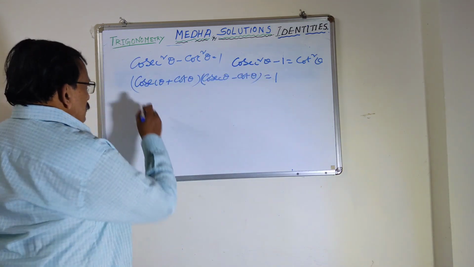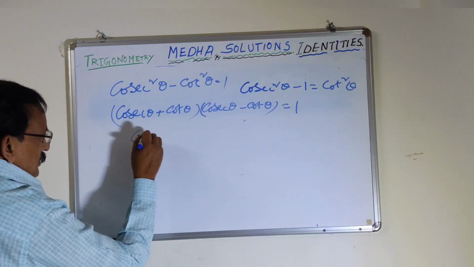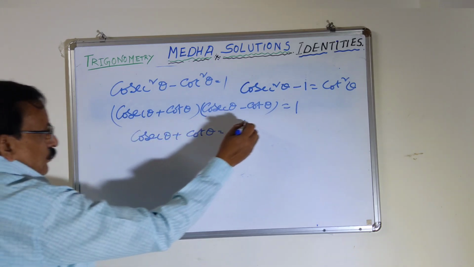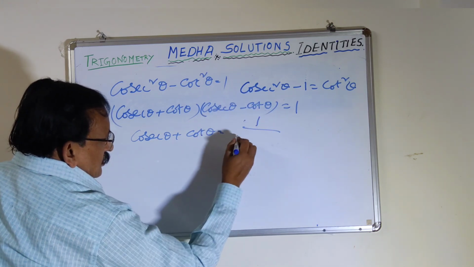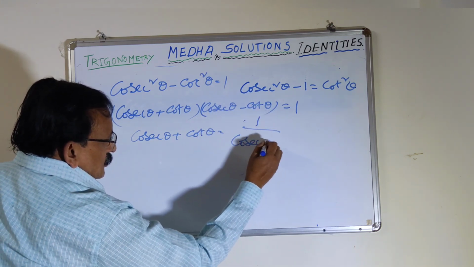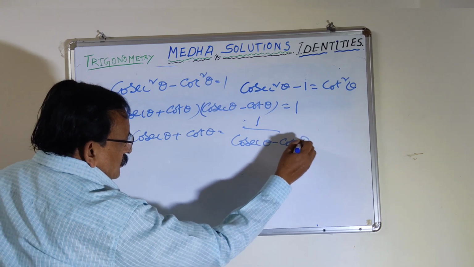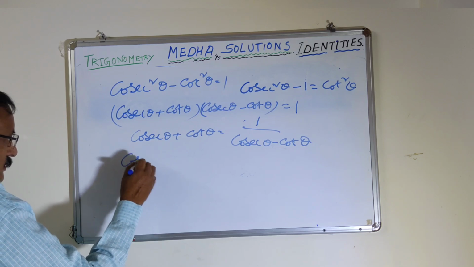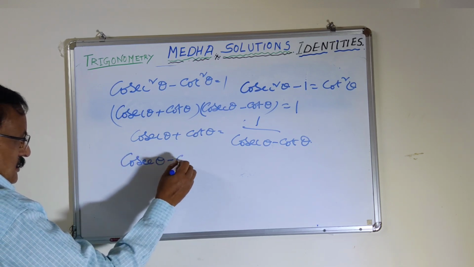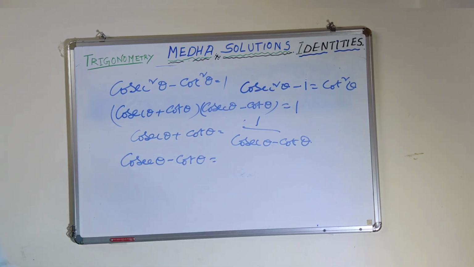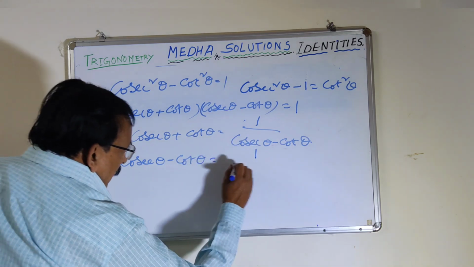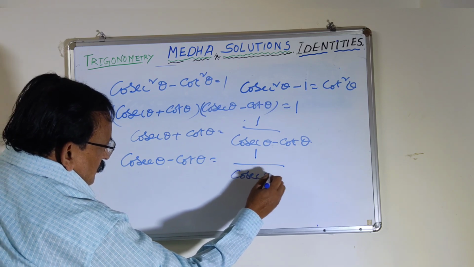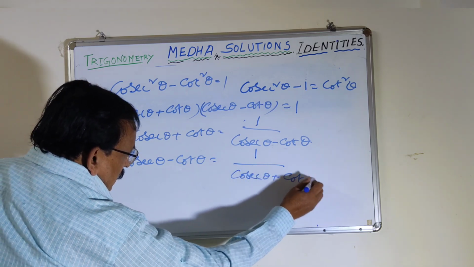So cosec theta plus cot theta is equal to 1 by cosec theta minus cot theta, and cosec theta minus cot theta is equal to 1 by cosec theta plus cot theta.